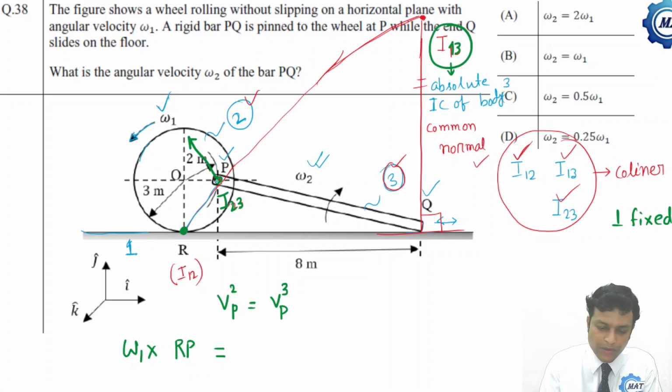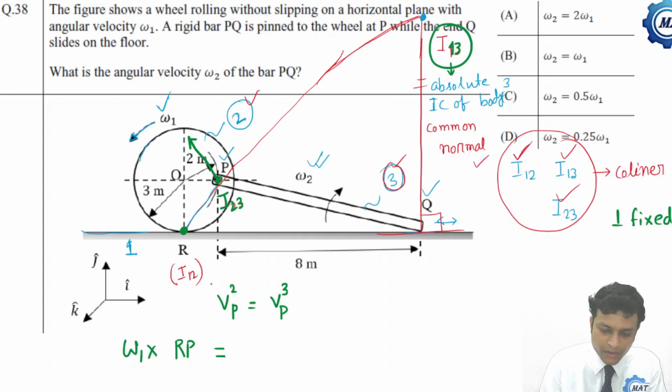So what should be the velocity of body 3 at point P? We can consider that body 3 has a pure rotation about this point I13.